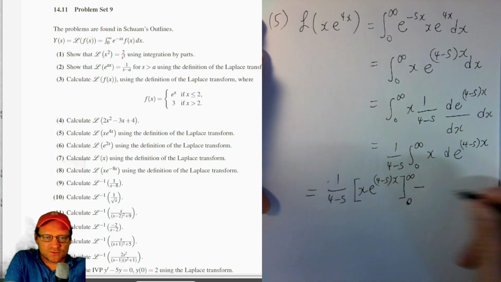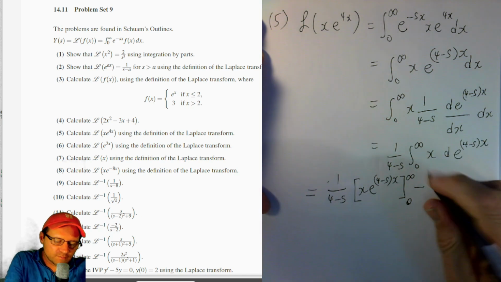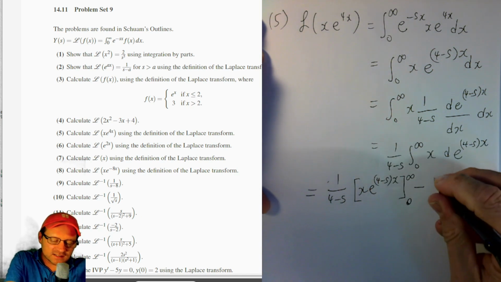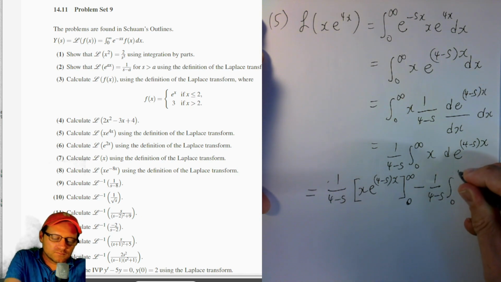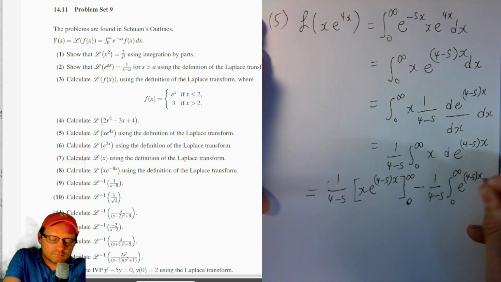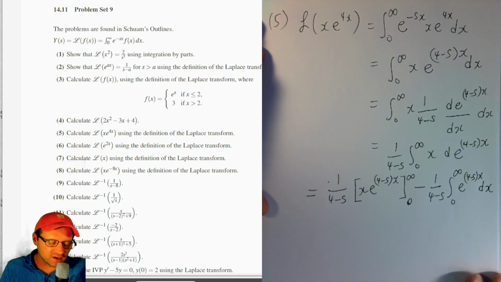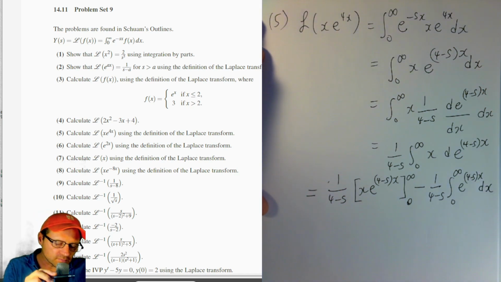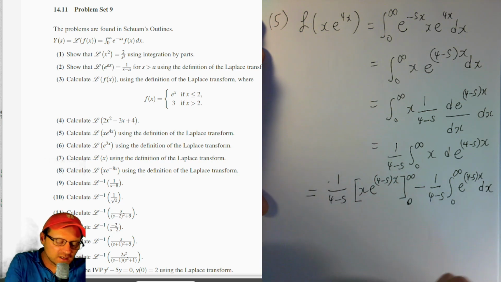And then we subtract and we just swap the roles of those. But the 1 over 4 minus s has to come with us here. Okay, and so let's simplify this. Now, this part of it here requires a limit for the infinity.